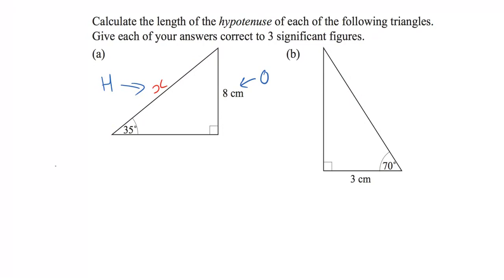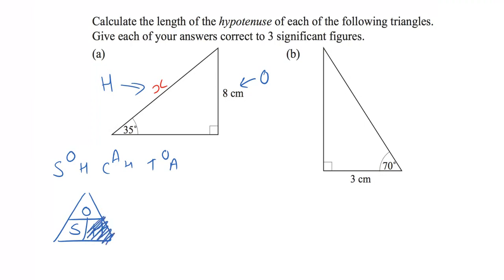Okay, so we write out our angle relationships, SOH, CAH, TOA, and we look and we decide which one of those has an O and an H in it. Well, of course, it is the sine ratio again, so we write that out, SOH, and we cover up the one we're trying to find. So in this case, we're trying to find the hypotenuse. So if I cover the hypotenuse up, I've got one thing over the other.